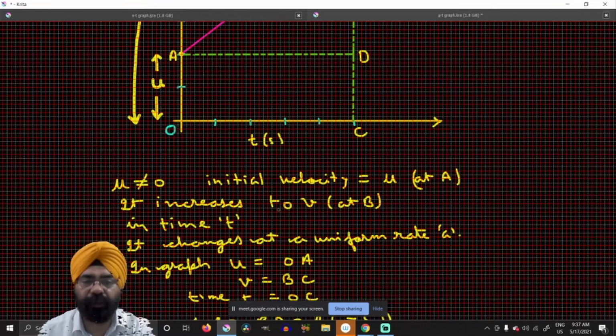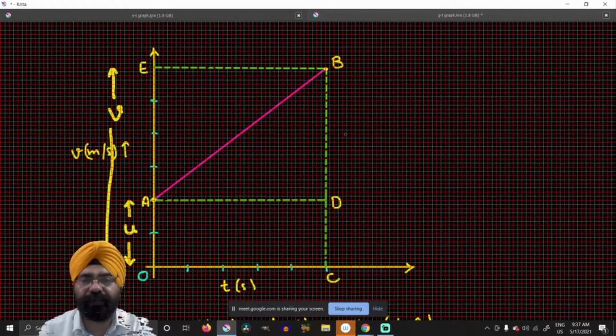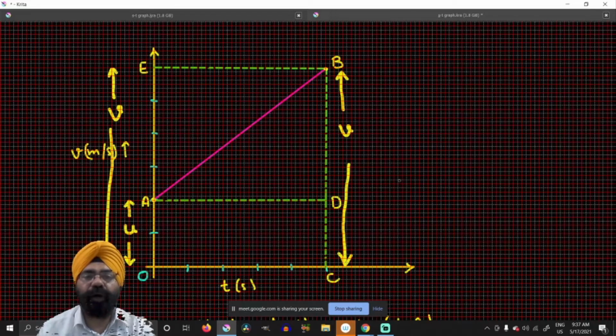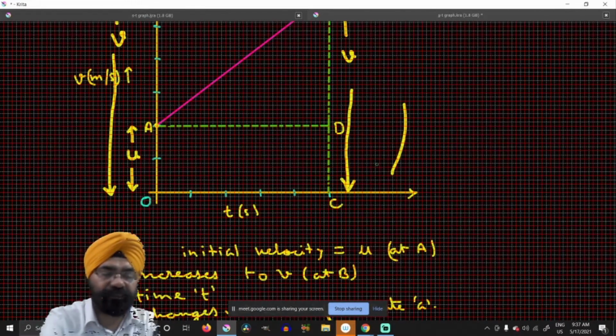So now in the graph, u is equal to OA and v is equal to BC. Correct? Any doubt, anybody? Great.